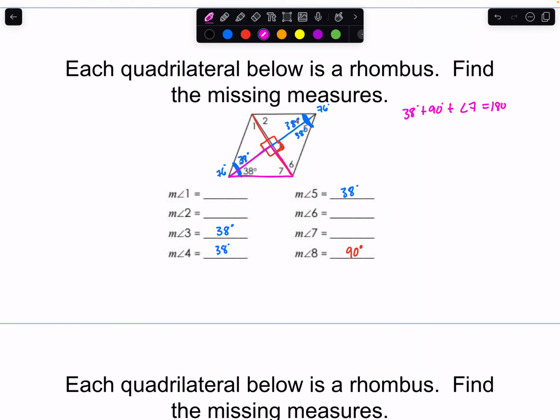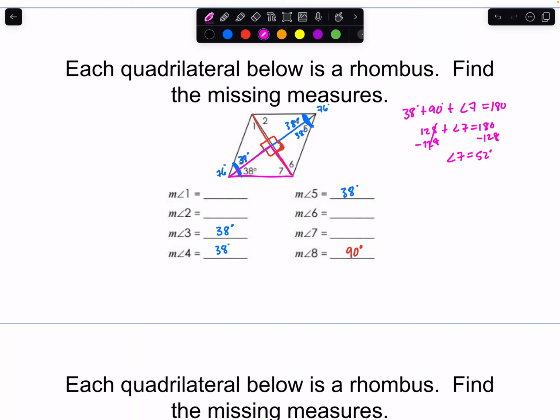So for this pink triangle alone, I can do 38 plus 90, that's 128, plus angle 7 is equal to 180. I can subtract 128 from 180. Angle 7 should equal 52 degrees.